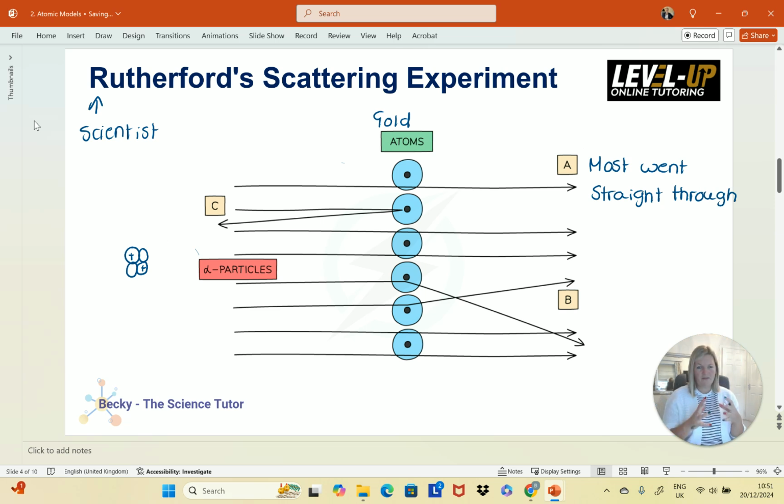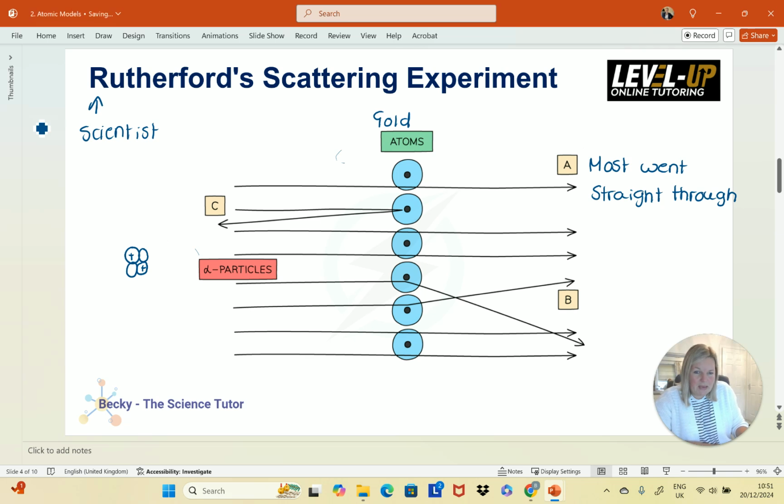If I've got that quite dense ball of cookie dough with my electrons dotted around in it, if I threw something at it, it's not going to go straight through it, is it? So we're going to need to change our model again, because if it's gone straight through, there must be some empty space in there. We'll look at his findings first, and then we'll look at how he changed the model from that.